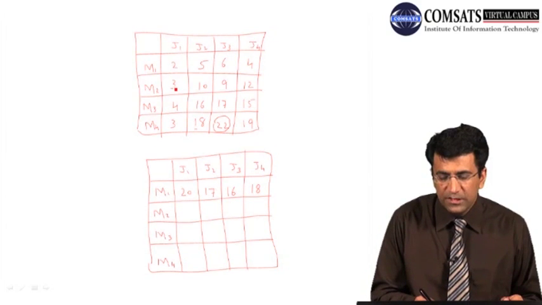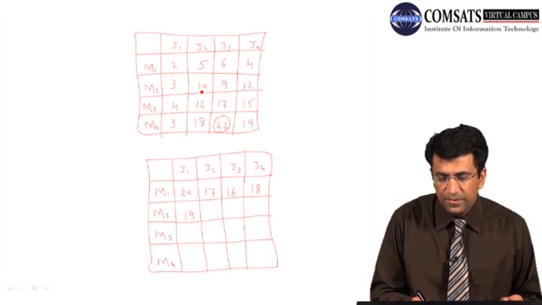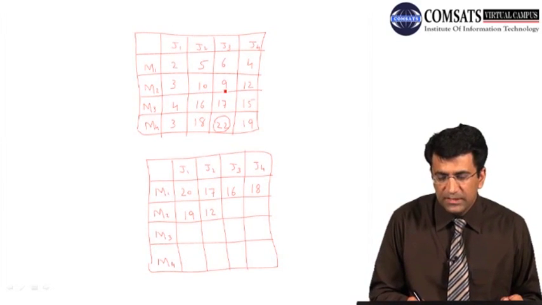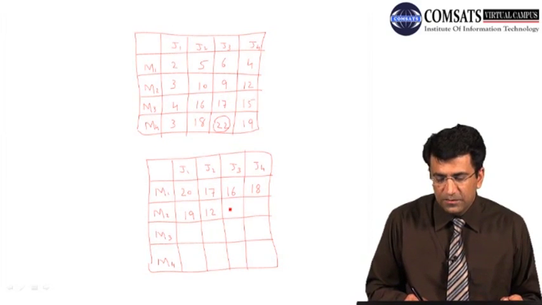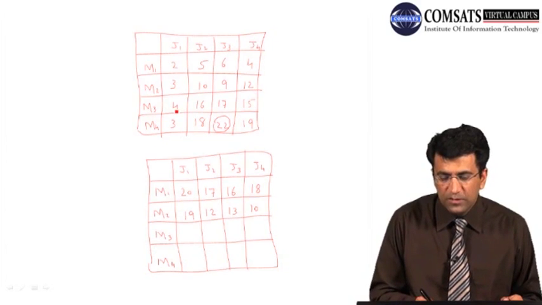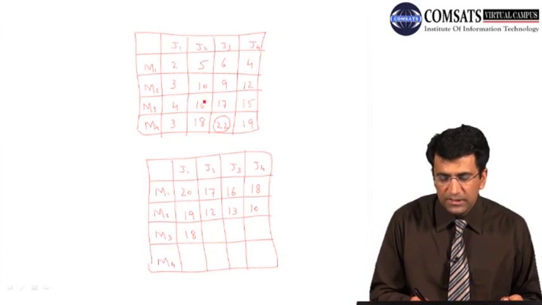Similarly, 22 minus 3, it will become 19. 22 minus 10, it will become 12. 22 minus 9, it will become 13. 22 minus 12, it will become 10. 22 minus 4, it will be 18. 22 minus 16, it will be 6.